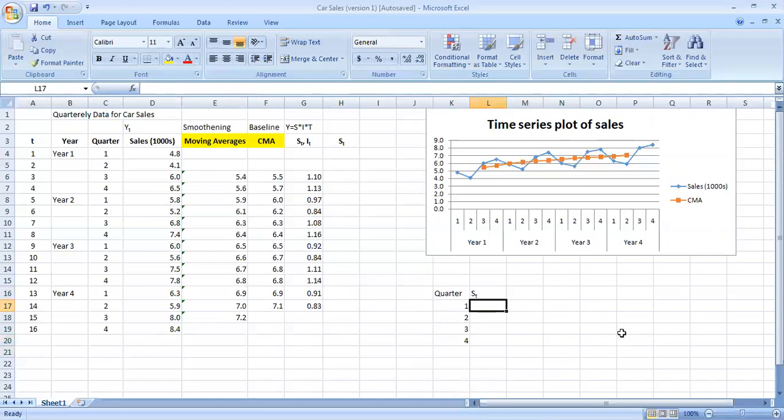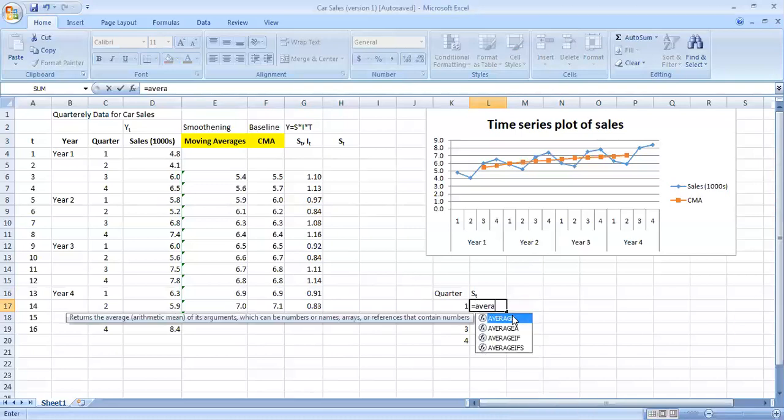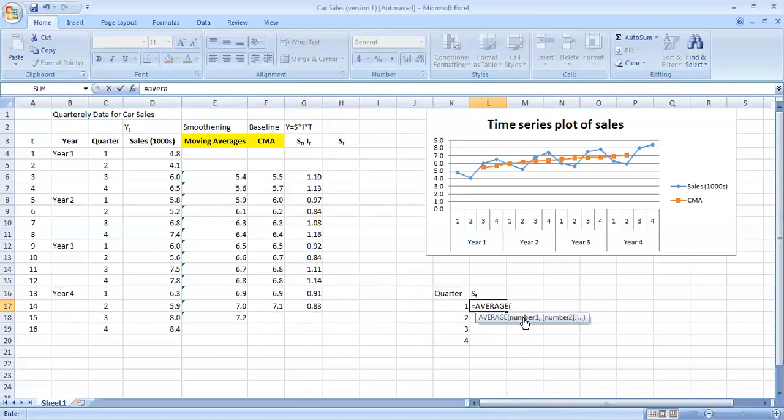This method is easy if your data set is small, but if your data set is big, I'll let you know another technique. So here, if it is this data set that we are dealing with, in order to come up with the seasonality, if we are going to remove the irregularity, you have to take the average of these values.